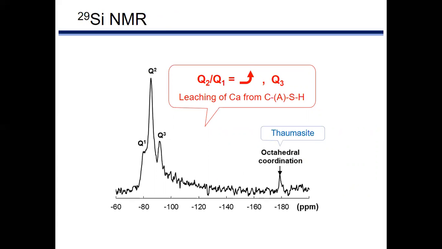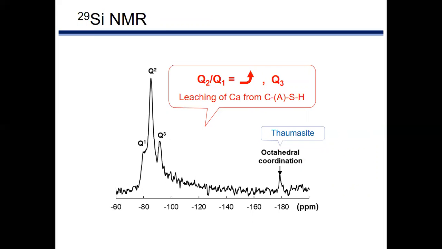In the next slide, I'll show you the result of silicon NMR. Normally, Q1 and Q2 appears in C-S-H formed by cement hydration. Decalcification of C-S-H results in an increase of Q2-Q1 ratio.